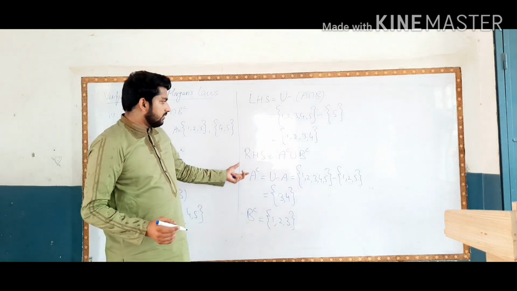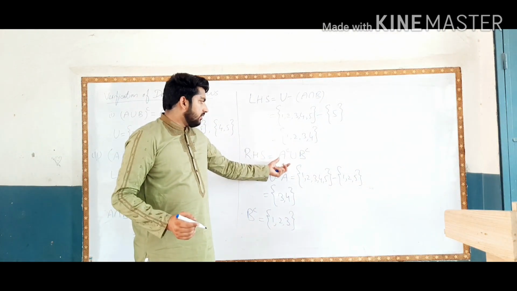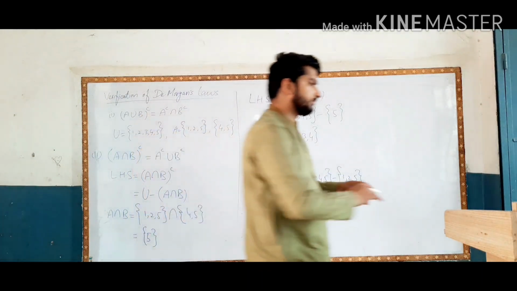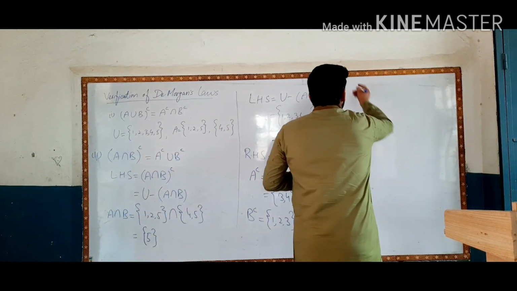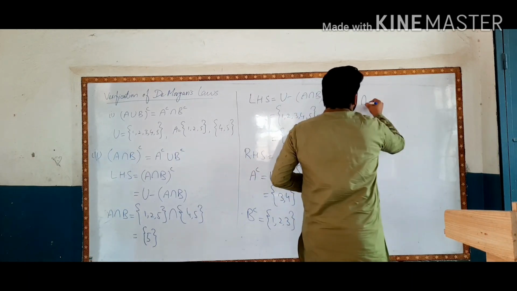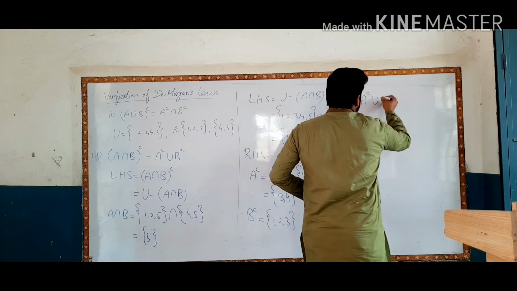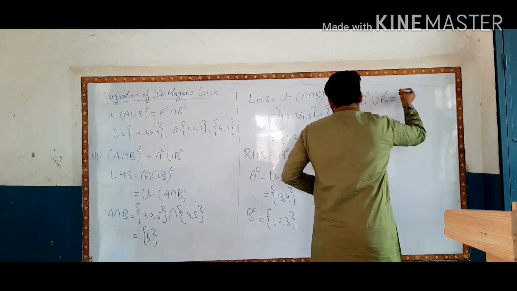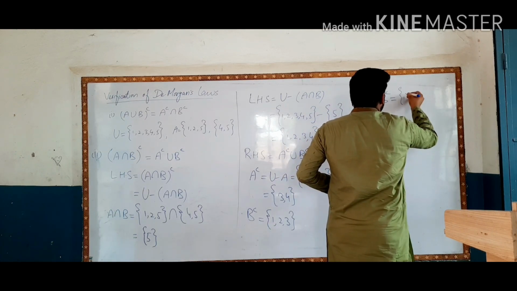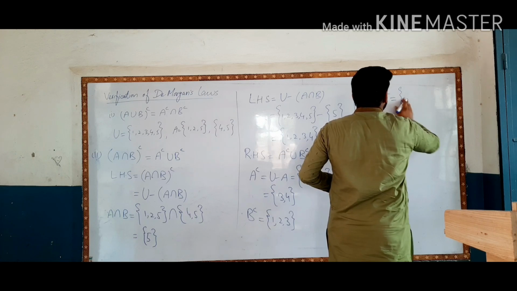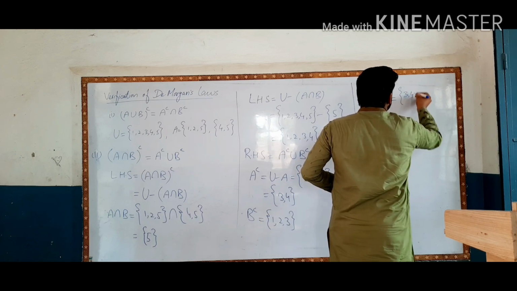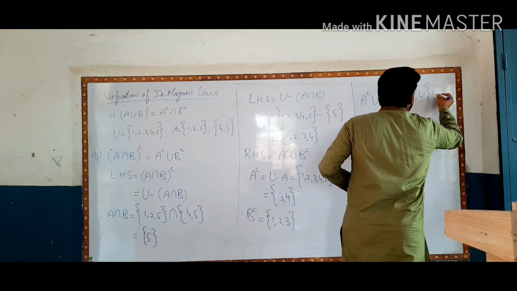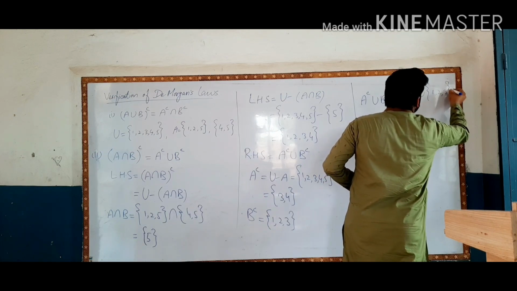Now we take A complement union B complement. So A complement union B complement is equal to A complement, which has elements 3, 4, union B complement, 1, 2, 3.